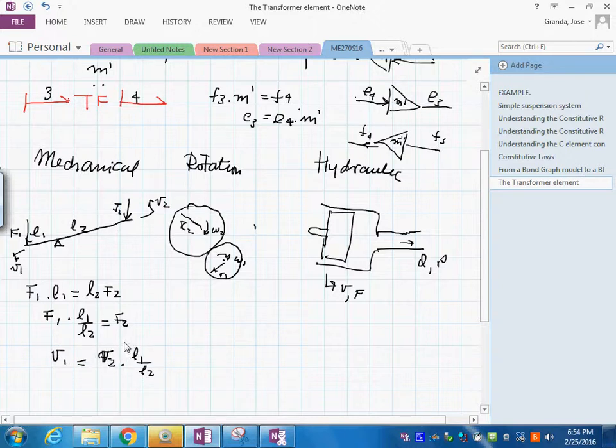Consequently, if you divide both equations, you equate omega 1 r1 and omega 2 r sub 2, and then you could say that omega 1 times r1 over r sub 2 is equal to omega 2. That equation is like this, see? And then finally I will write it.